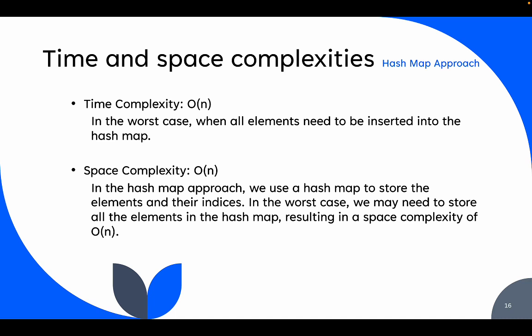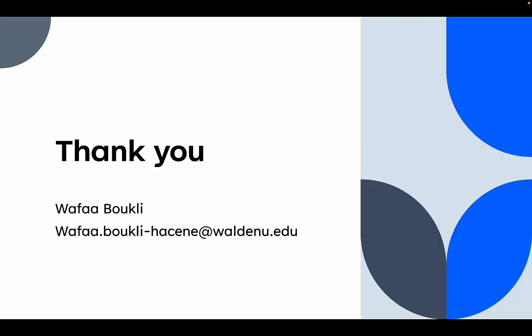So you may see that the hash map approach is more efficient in terms of time complexity, as it reduces the time complexity from O of n squared to O of n. However, it requires additional space to store the hash map, resulting in a space complexity of theta n.